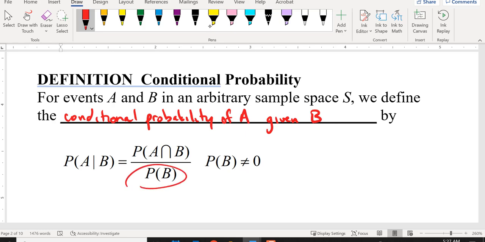Otherwise, you would be dividing by 0, and you can't do that. So we have to know that there's outcomes in event B.